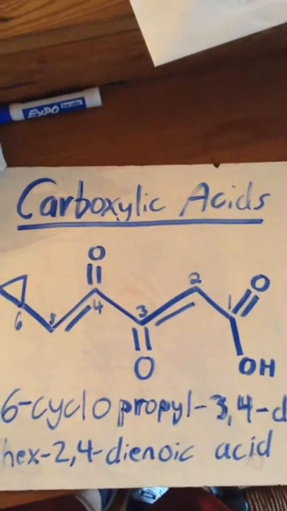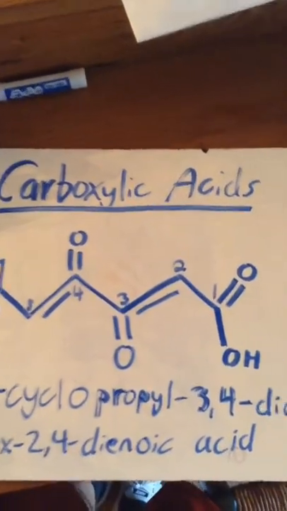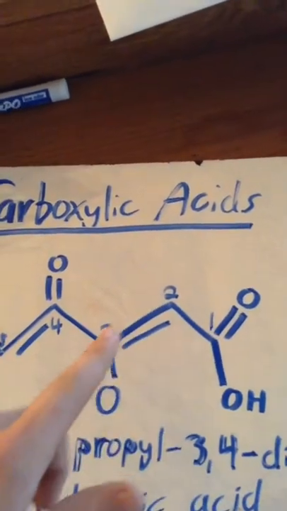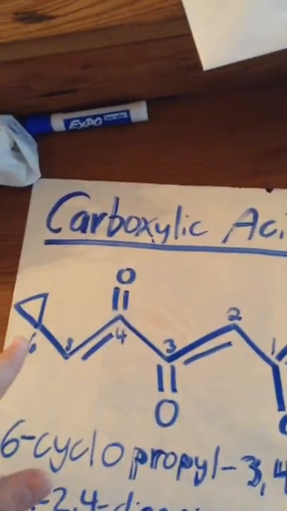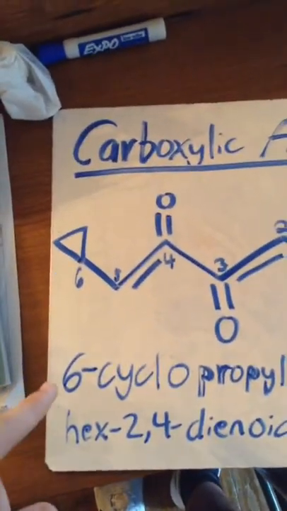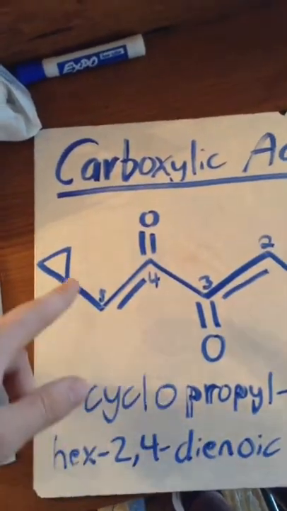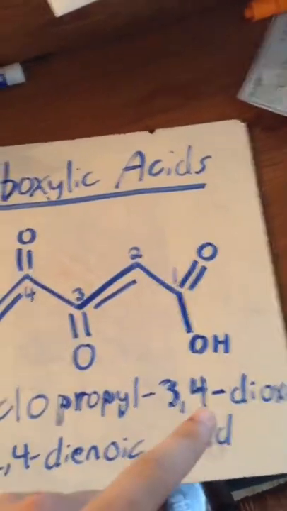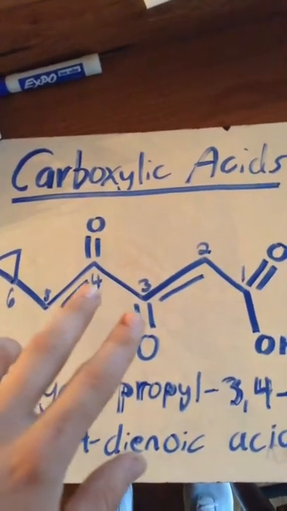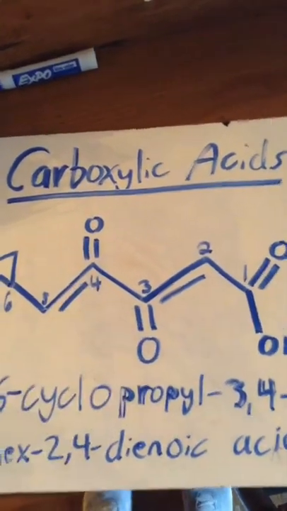Alright, here is the final example of a carboxylic acid. Here you start numbering here with your carboxylic, which is 1, 2, 3, 4, 5, and 6. And then to name it, you're going to start with 6-cyclopropyl, because you have a cyclopropyl at position 6. Then 3,4-dioxo, that's what you call the double bonded oxygens, at positions 3 and 4.